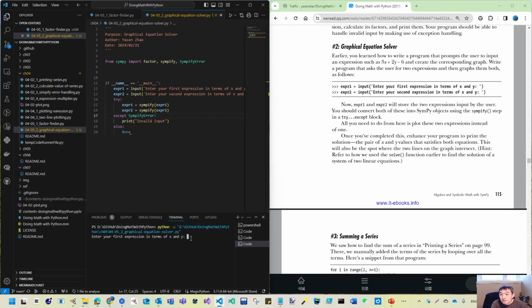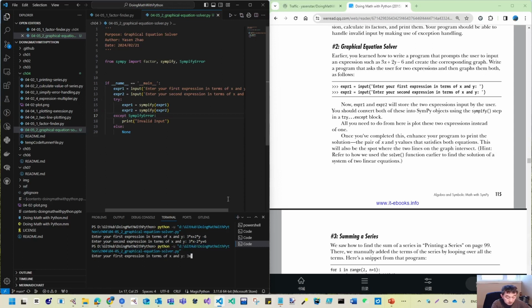Let's give the first one 3 times x plus 2 times y minus 6, and then the second one 3 times x minus 2 times y plus 6. Nothing happened, so that means it goes to the else.